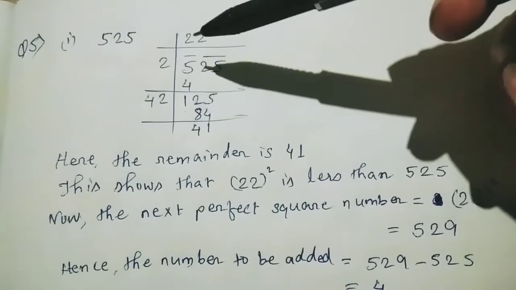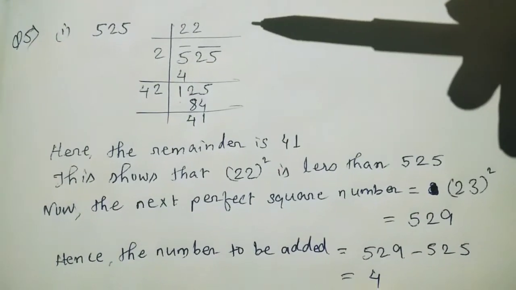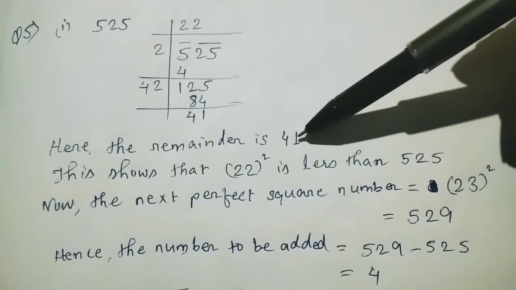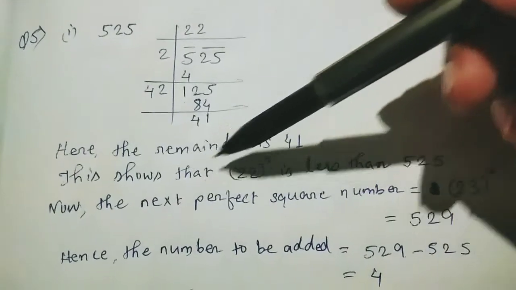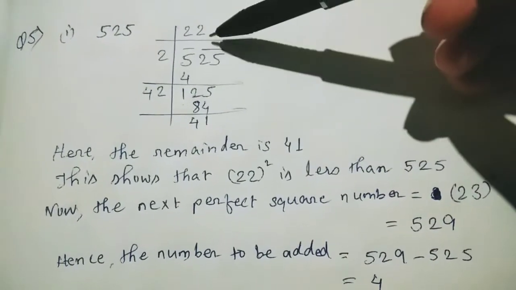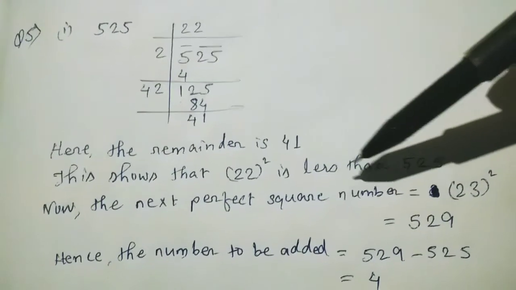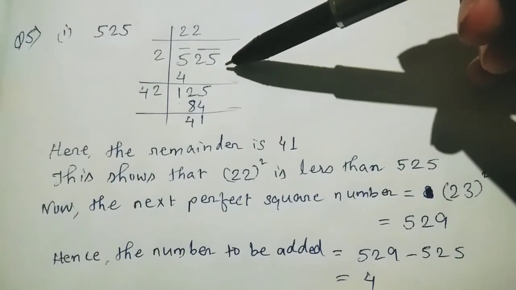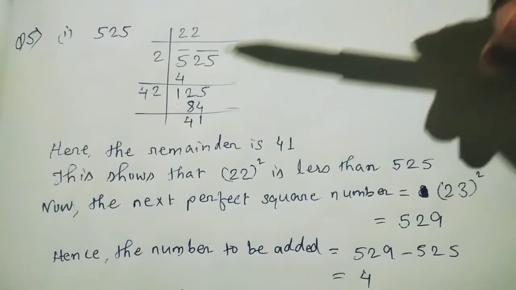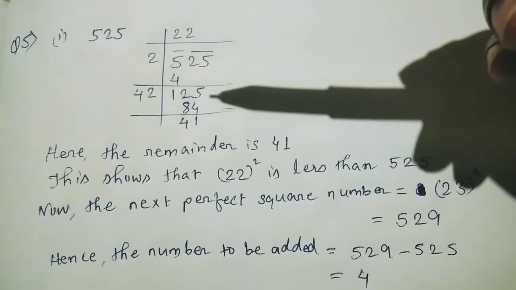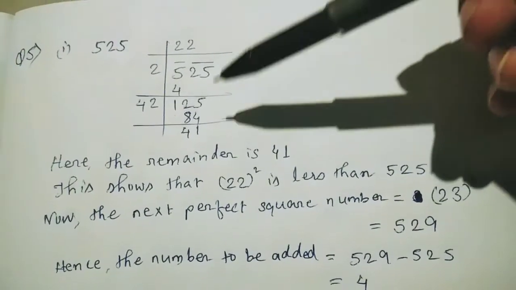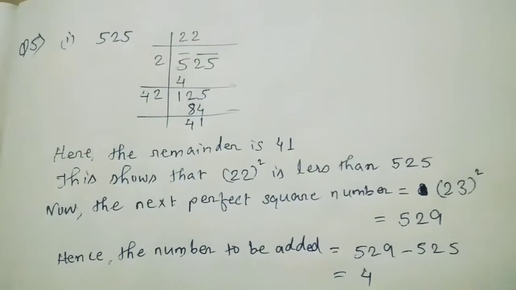Okay, so what we'll do next? Here the remainder is 41. So this shows that 22 square, this quotient, 22 square is less than what? 525.